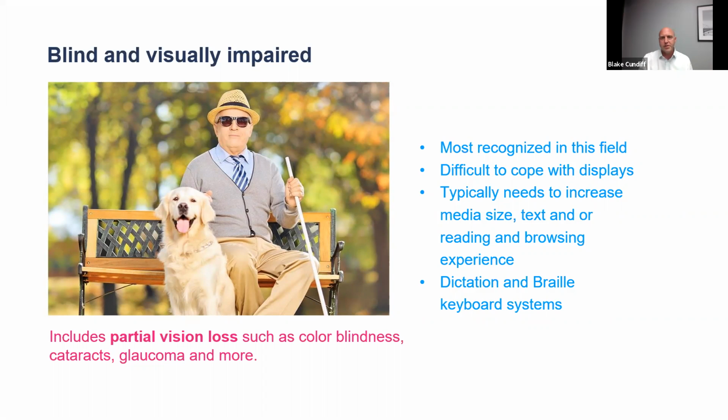There are keyboard systems that assist in dictation, braille. There's such a high number of ways that your code, if it's done in a very basic, simple way and it's compliant, can very easily interact with these devices and make it a marketable thing for you to be able to access that kind of potential customer.